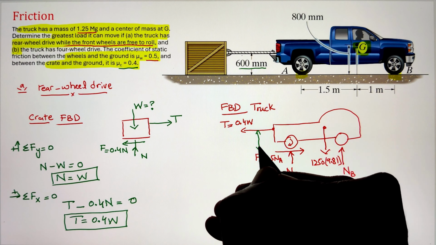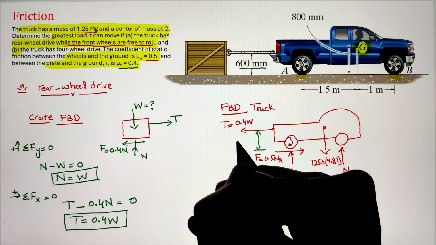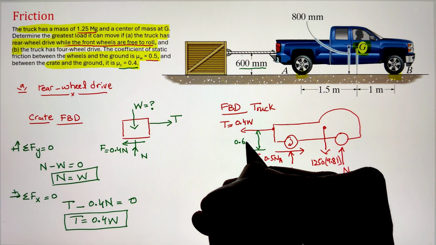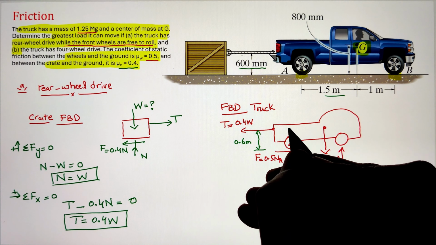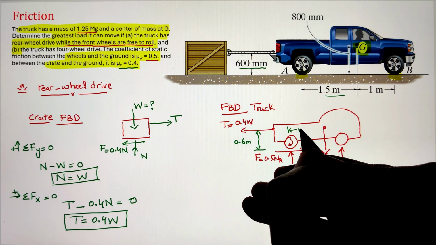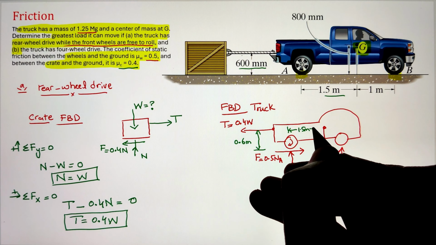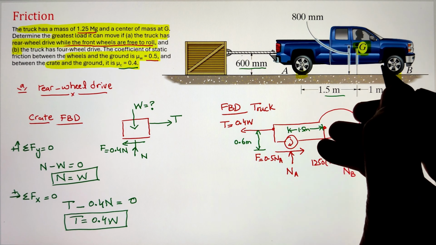That is the coefficient of static friction between the wheel and the ground. Next, we also want to identify the distances so that once we are writing our equilibrium conditions, we can utilize these distances for the moment expression.